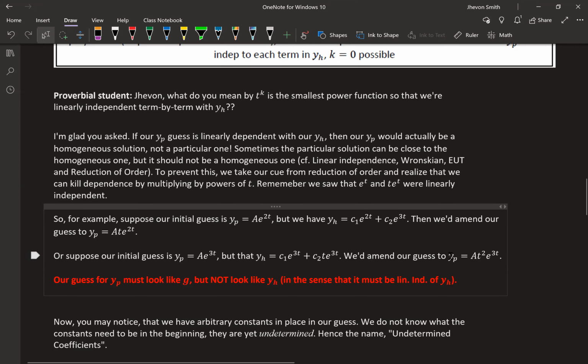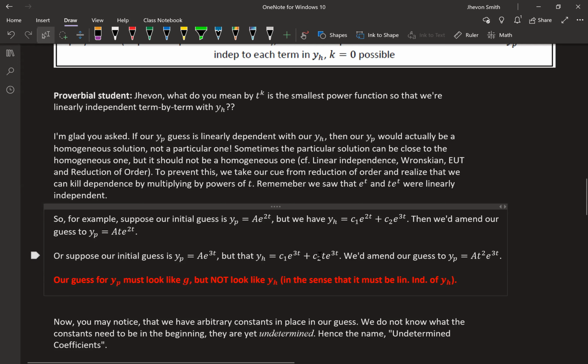So ultimately I would change my guess to a t squared e to the 3t. In this case, I'd have to choose k equals 2 because that is the power I need to make it not overlap with any term in my homogeneous. If I just multiply by a t, it's not good enough because it overlaps with this term. Or if I keep it originally, it overlaps with this term. So I multiply by as many t's as I would need to kill all overlaps.